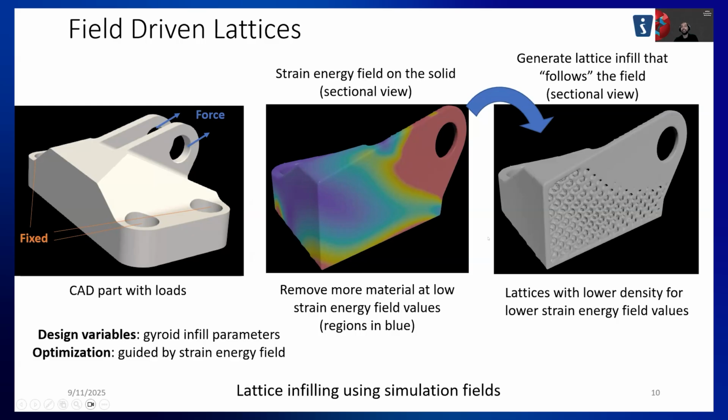In this case, the design variables are these gyroid infill parameters, the thickness values, and you can adjust these thickness values in an automated way depending on simulation. So it's kind of like simulation-driven design.